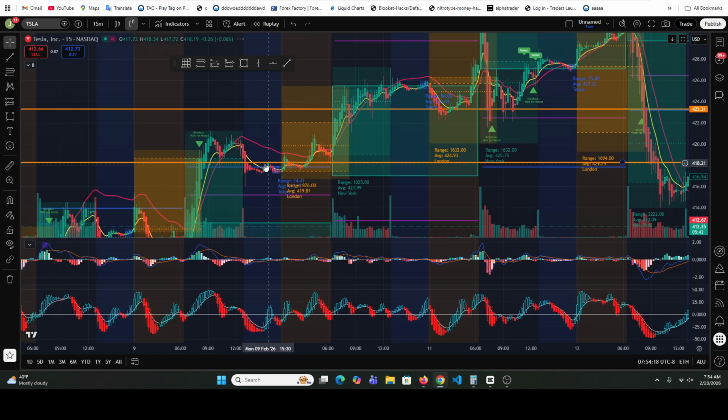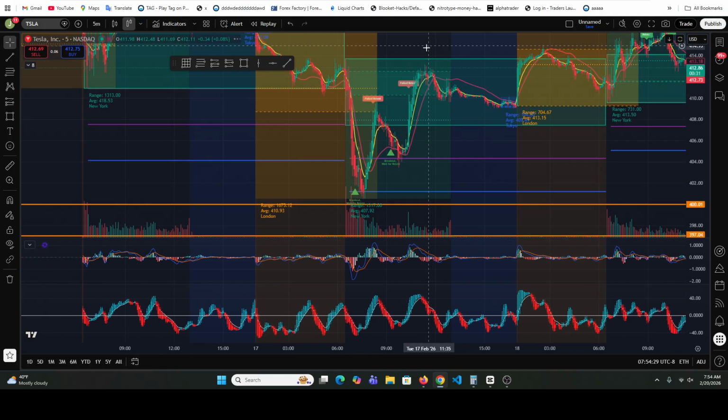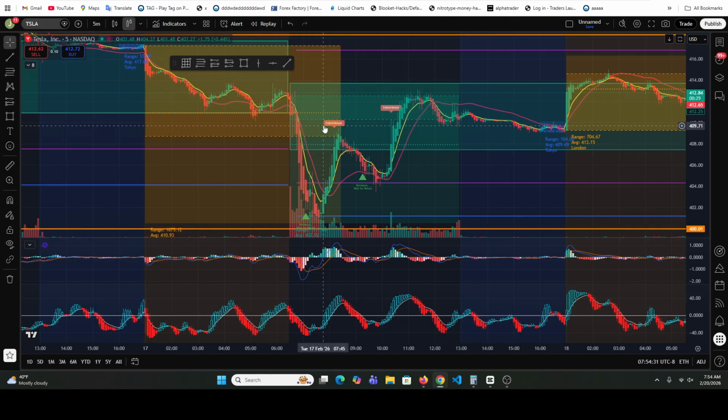So it's going to show the pre-market and then the initial move. So do we see flags here? We're on a 15-minute. Can we go down to a 5? Yes. So just looking at this now, and training your eyes to be able to see this, do we see flags? Yes. How do we capitalize on these? The same exact way, right?